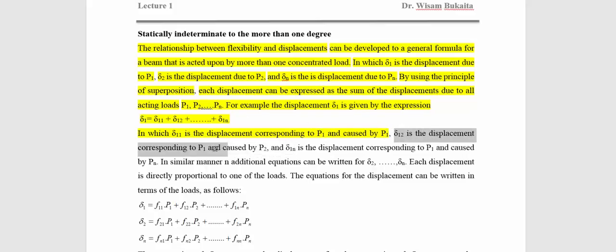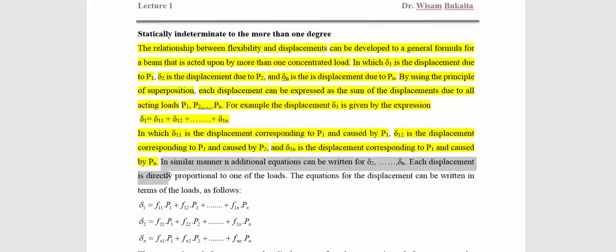Delta 12 is the displacement corresponding to P1 and caused by P2. The position of delta 12 is still at the position of P1, but this deformation is due to P2. Delta 1n is the displacement corresponding to P1 and caused by Pn. In a similar manner, n additional equations can be written for delta 1 to delta n.